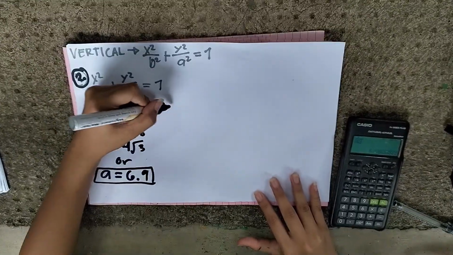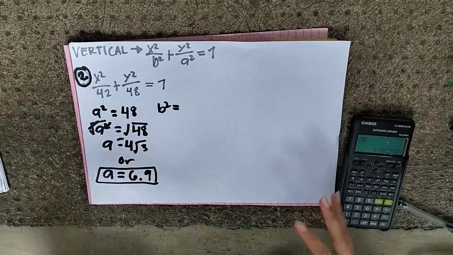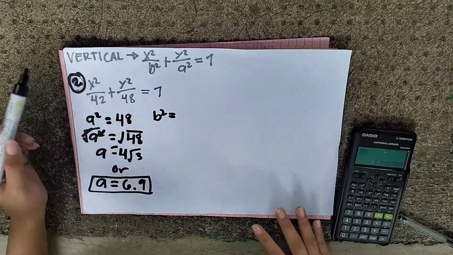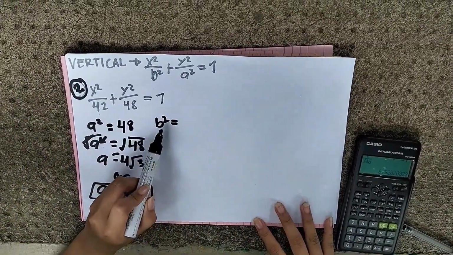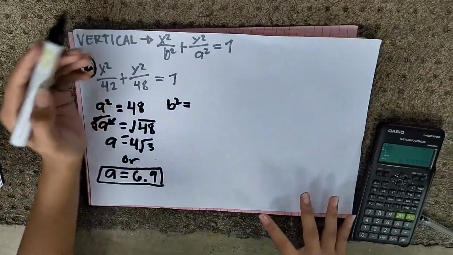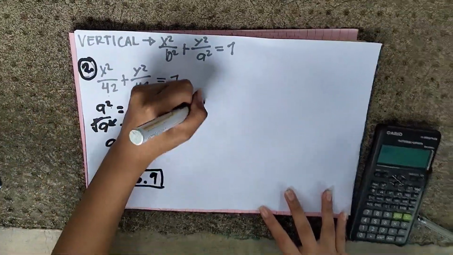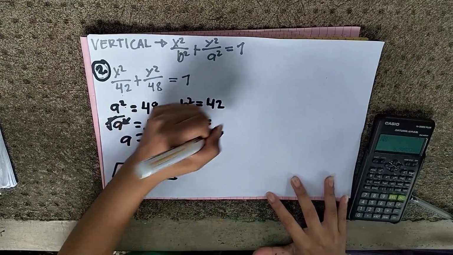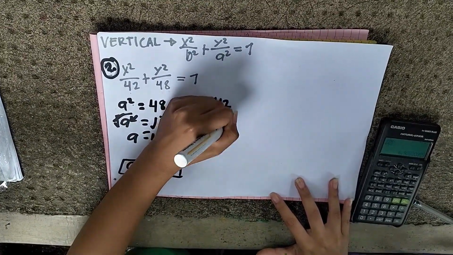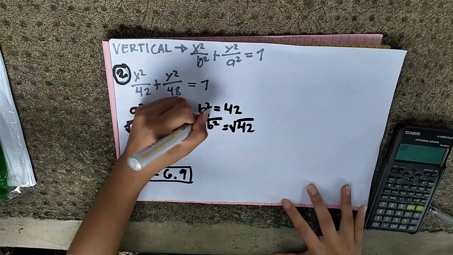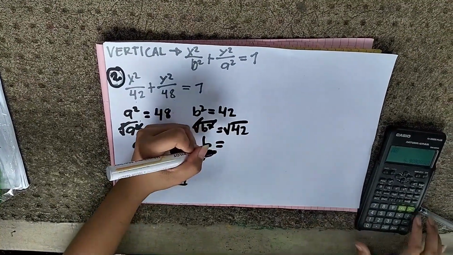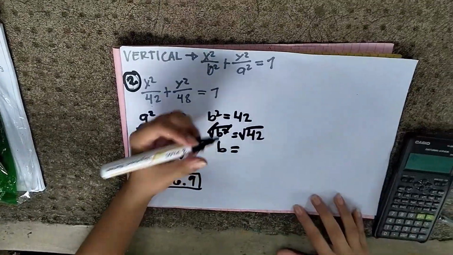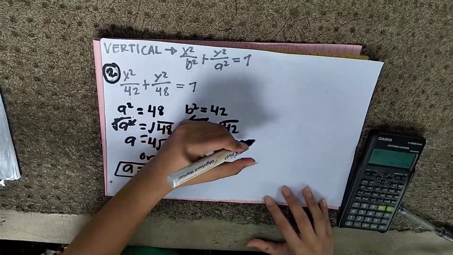Since we used the greater value here in finding our a squared, we will also use the other value in finding our b squared. So b squared is equal to 42. Square root both sides, cancel, and b is now equal to the square root of 42, which is 6.5.